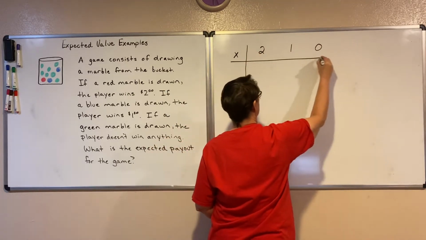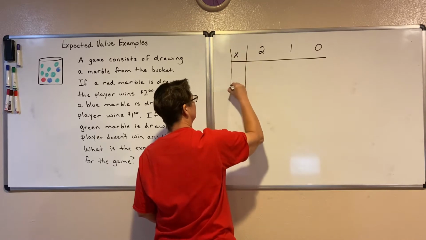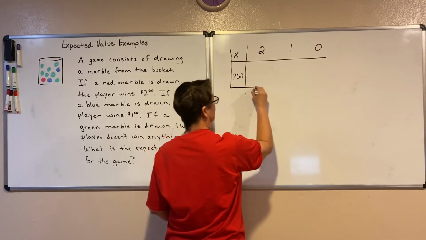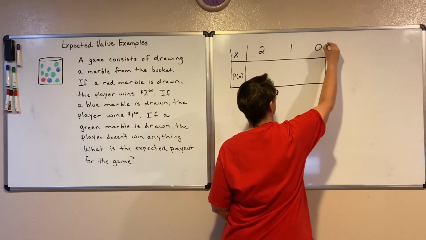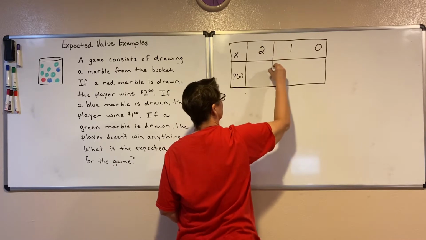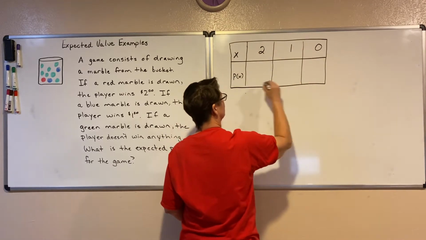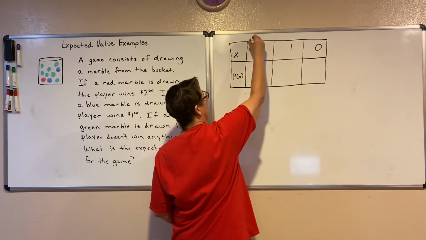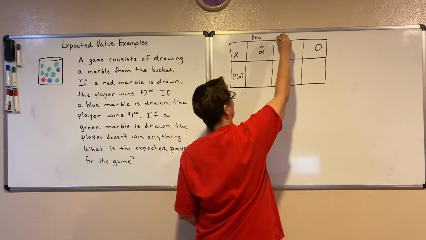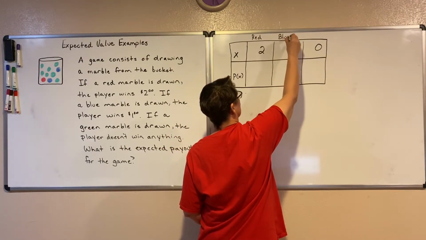Then I have to come up with the probability of each of those outcomes occurring. So next I'm going to come up with the probability of each of them. Well, just to help me know, in order to pay out $2, I have to draw a red. In order to pay out $1, they have to draw a blue.